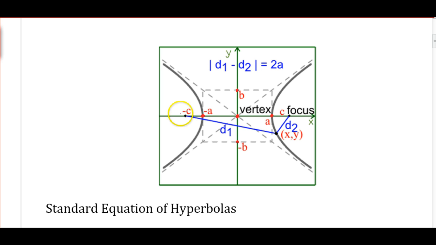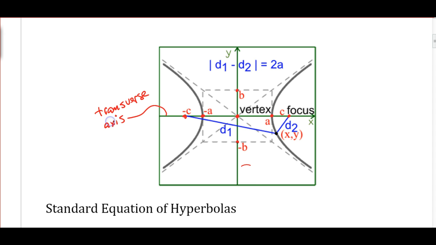And then our foci again is going to be C units away from the center. Notice how the foci are inside the curve just like they are for an ellipse, and also the focus is inside a parabola. And then we're going to have our major axis, which we call the transverse axis, which I mentioned.